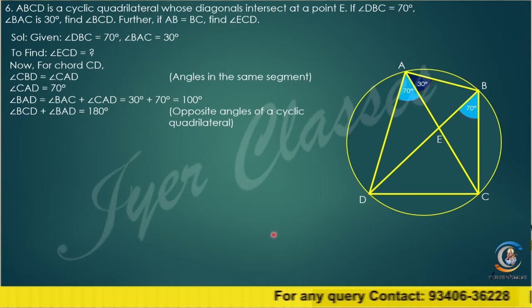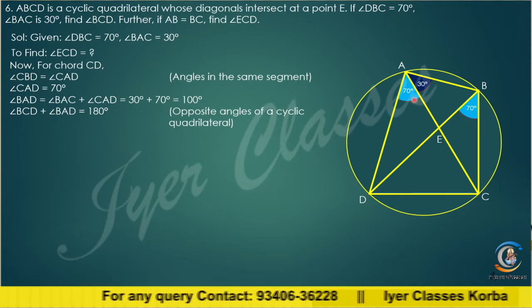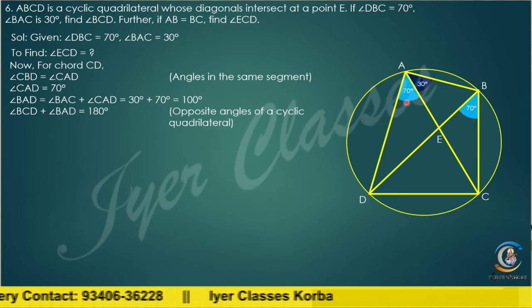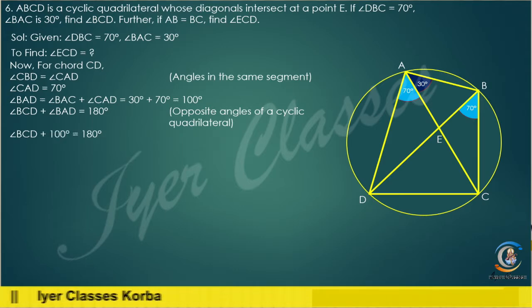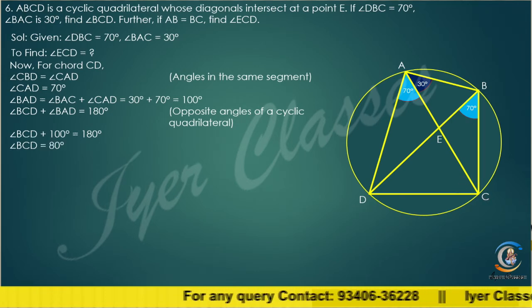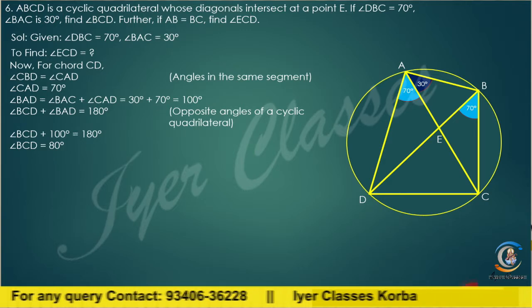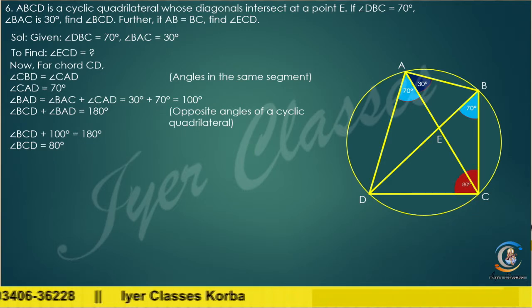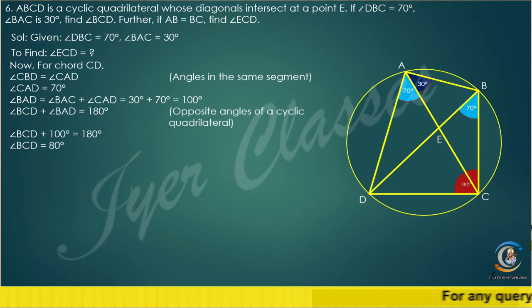You know one of the angles is equal to 100, so the other angle, that is BCD, should be equal to 180 minus 100, which is equal to 80 degrees. It is shown by the red angle. So the measure of the angle BCD is equal to 80 degrees.